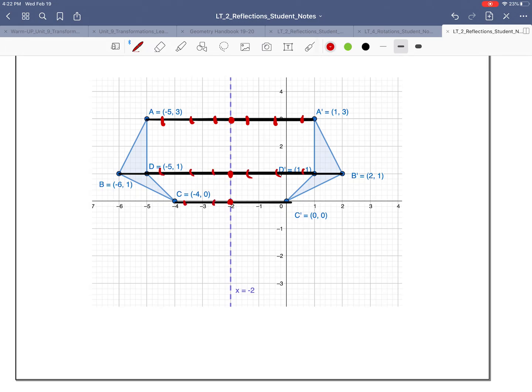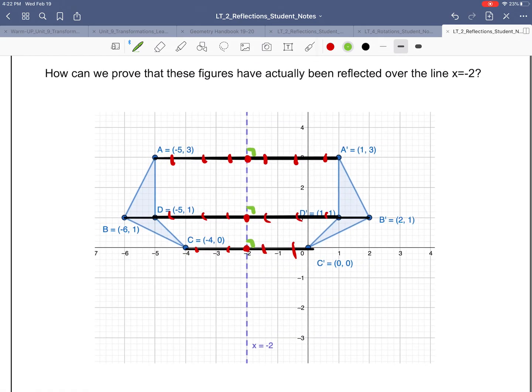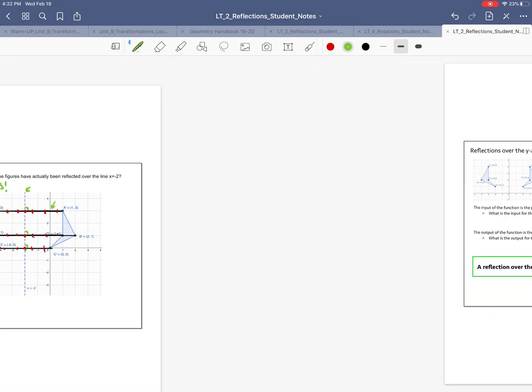C to the line of reflection is 2 units, and the line of reflection to C prime is 2 units, and they're all perpendicular. So yes, because this line of reflection is a perpendicular bisector to the line segments that connect corresponding points.